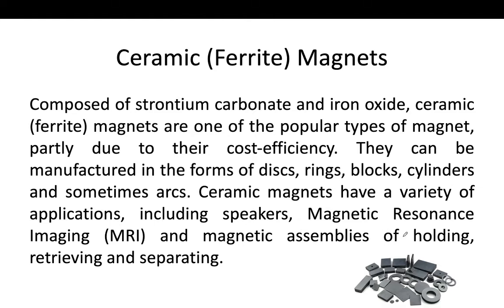These types of magnets we mostly use in our appliances, or you can say sound systems, speakers, or in medical applications, where they are used in MRI machines. They have specific shapes: they can be rings, blocks, cylinders or discs.